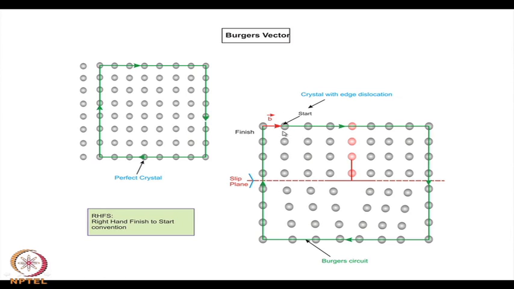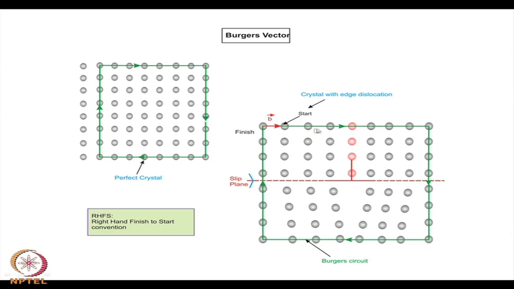You can find the Burgers vector in one simple way. You start from where the step has been formed and then go around this dislocation an equal number of atomic distances. Okay.